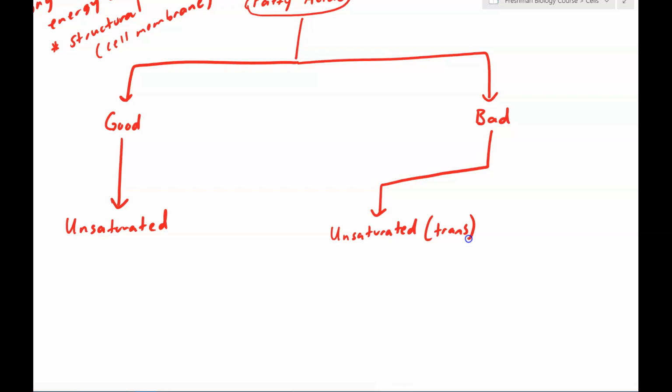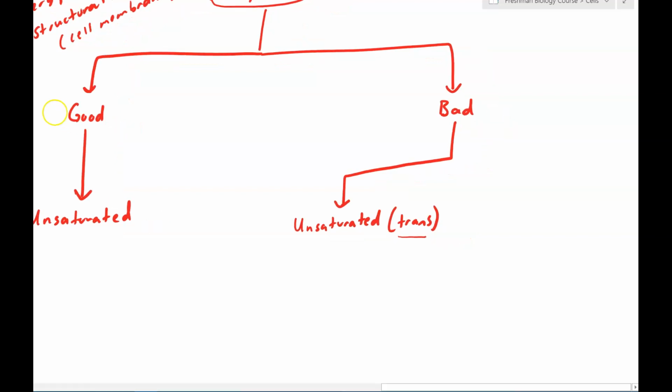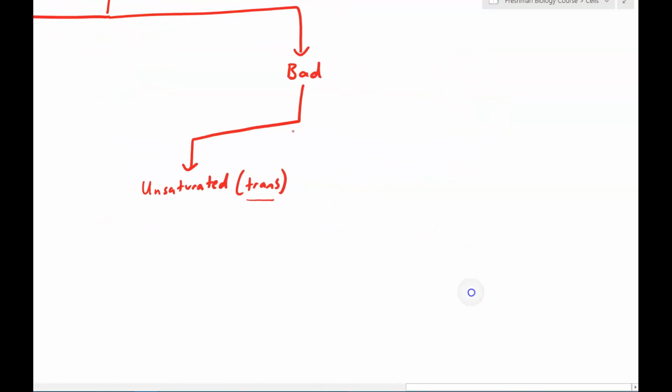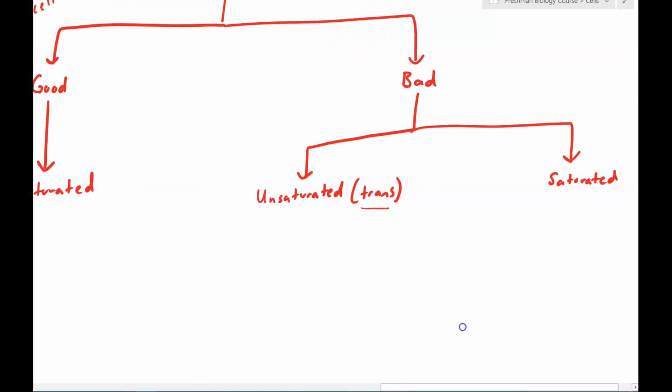Okay, trans fat is about the worst type of fat that a human can consume because it has been modified. So it's a fat that has been what we call hydrogenated, and we'll get into that here shortly, which makes it even more unhealthy than our regular bad fats, which are going to be saturated fats. All right, so that's where we are at there.